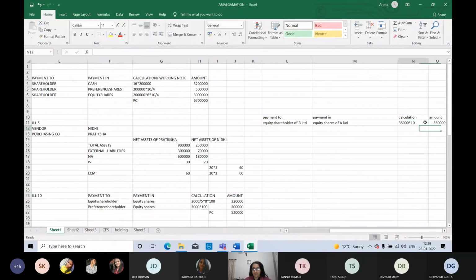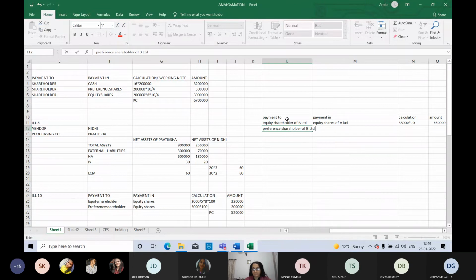Okay, now a little bit of tricky thing we have here. The next one says issued this much preference shares to preference shareholders. What do I write in payment to? Preference shareholders of B Limited. And payment in?